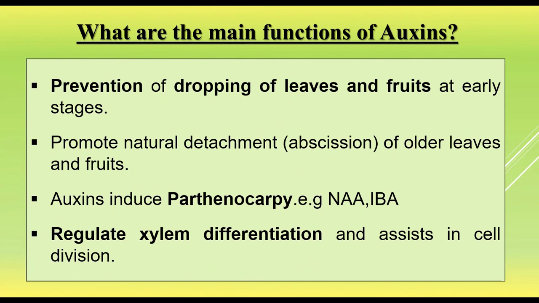Auxins work differently on leaf fall and fruit fall at different time periods. It prevents premature leaf fall or fruit fall. It promotes abscission, that is the detachment of old leaves and matured or ripened fruits.